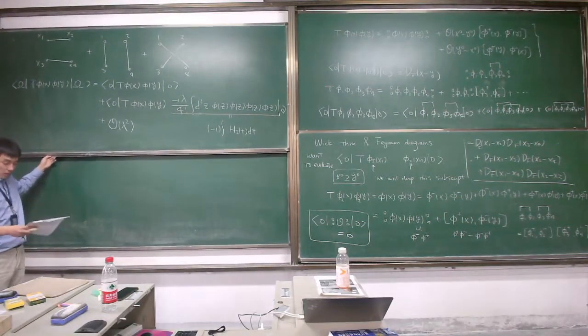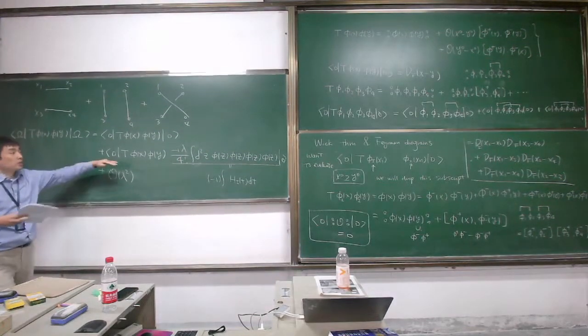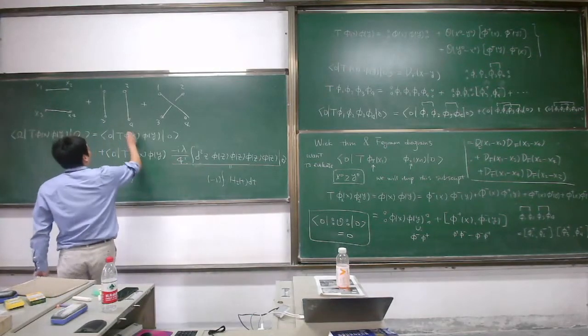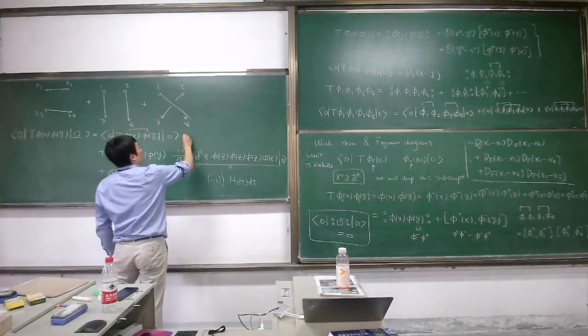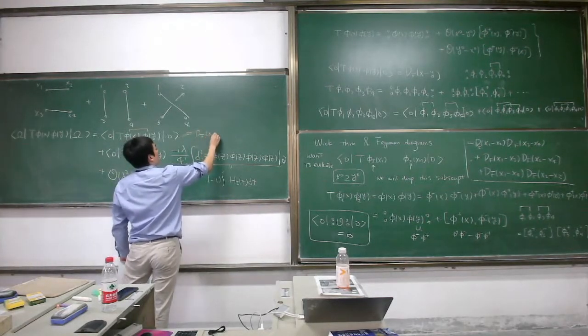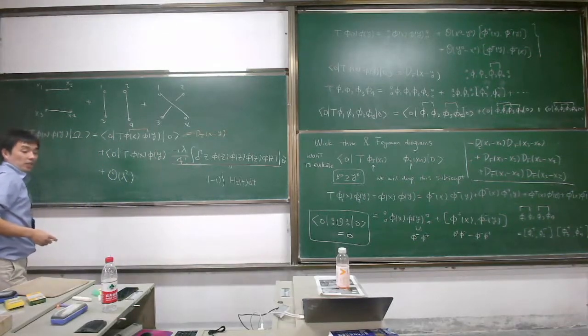And let's write down pictorially how to do the Wick contraction for this term. The first term is too simple to do the Wick contraction because there's only one way. So this will give rise to DF x minus y. It's super simple.